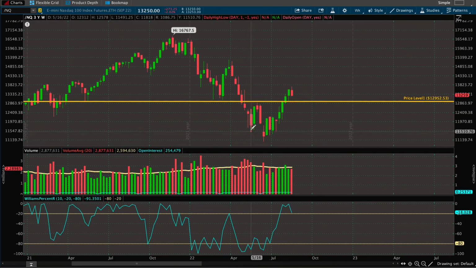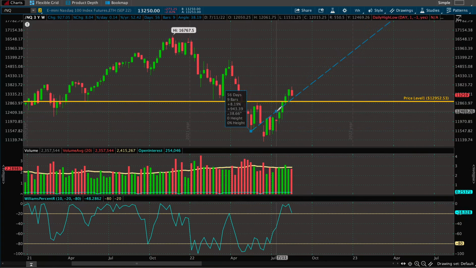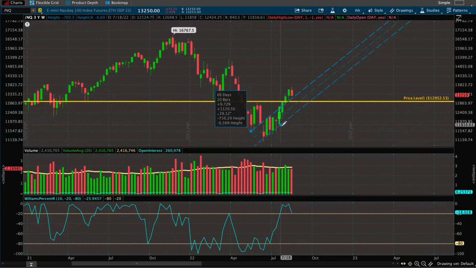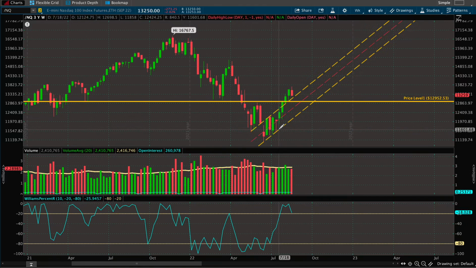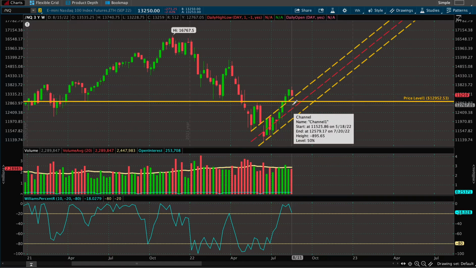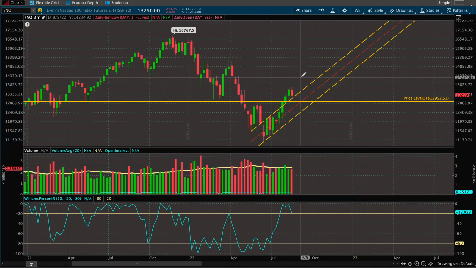You can see this was the channel, let me draw a channel here. Right, so this is the channel that they broke out of. They are retesting the channel from the top, and they will dip a little bit more and do some more stop hunting here, and then I think it still goes up.